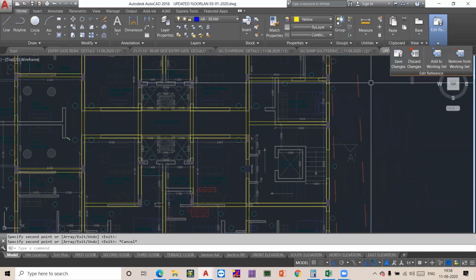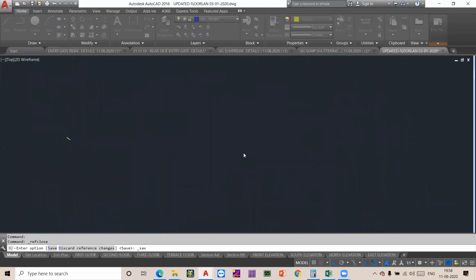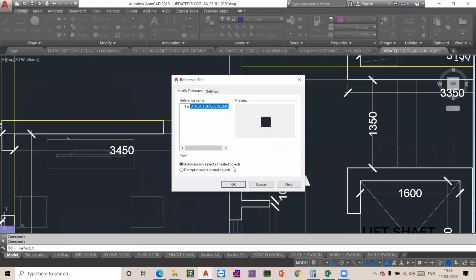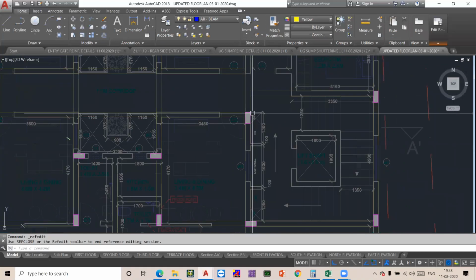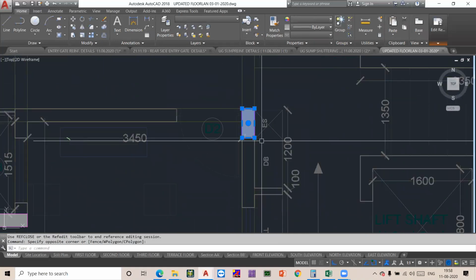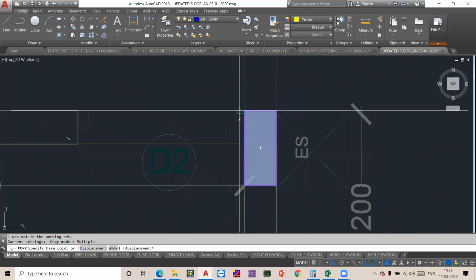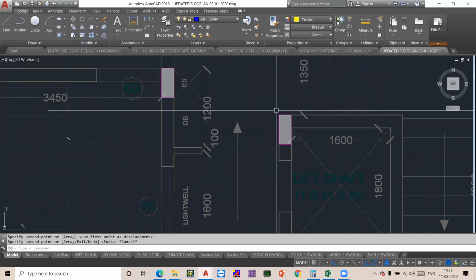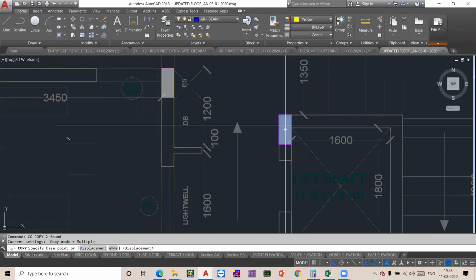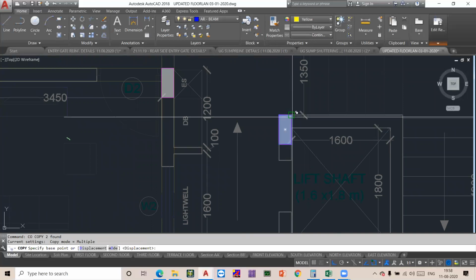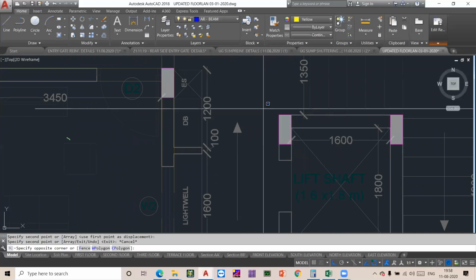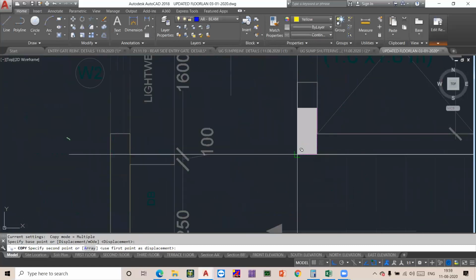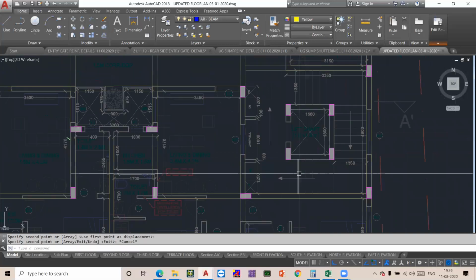For doing the same, the fundamental thing is positioning of your column, edit block. You need to have columns positioned in all 4 corners of the lift. 1, 2, 4. Okay.